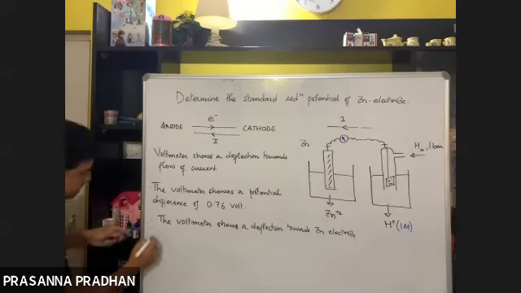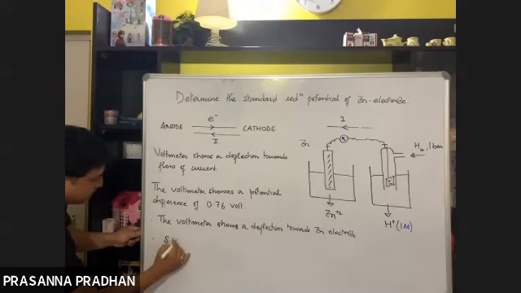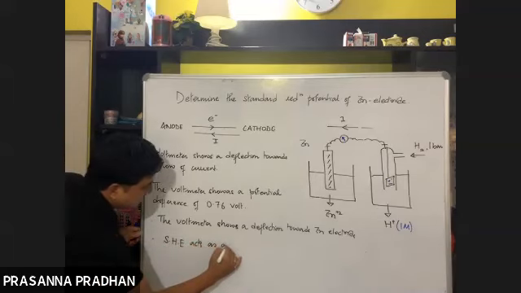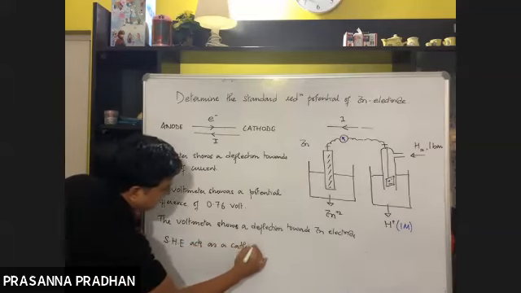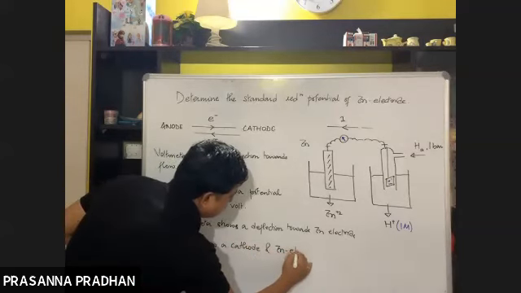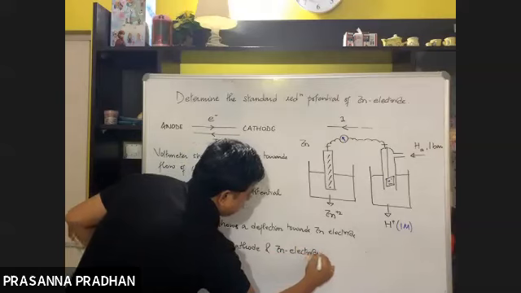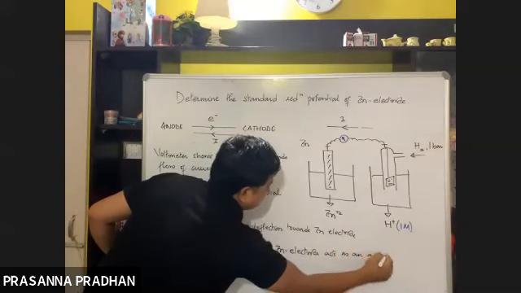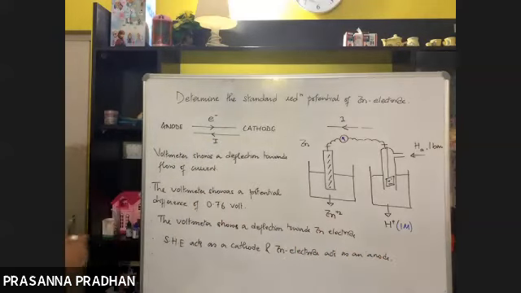So it follows that the standard hydrogen electrode is cathode and the zinc electrode is anode. The standard hydrogen electrode acts as a cathode, and zinc electrode acts as an anode.